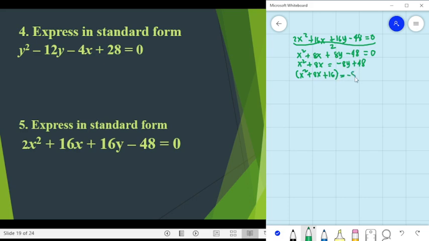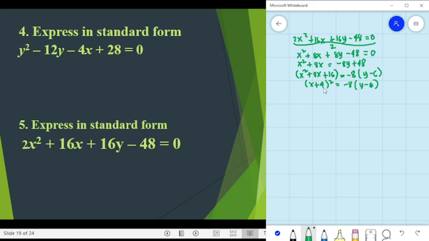Taking out the common factor, -8. So, -8y divided by -8 is positive y, and 48 divided by -8 is -6. Okay, then factoring this one, we now have quantity x plus 4 squared equals -8 times quantity y minus 6.